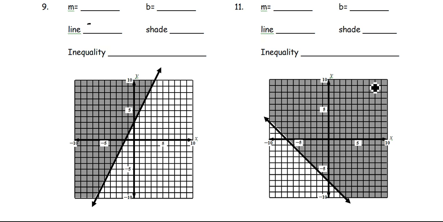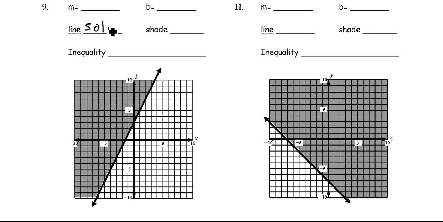All right. So we're going to do the two that are on the screen right now, 9 and 11. All right. The line is solid. Then I look at the y-axis.